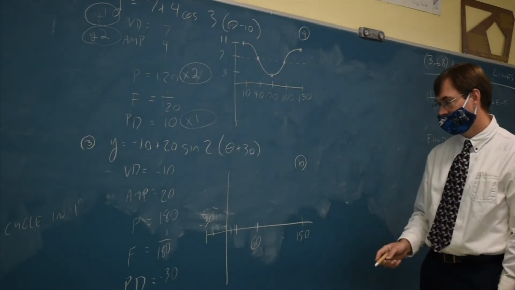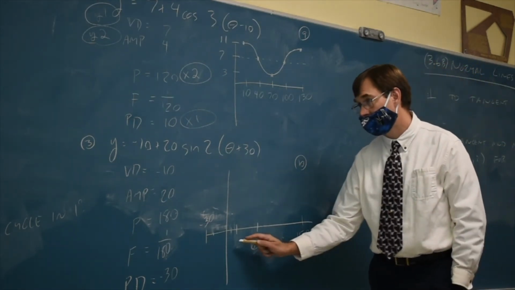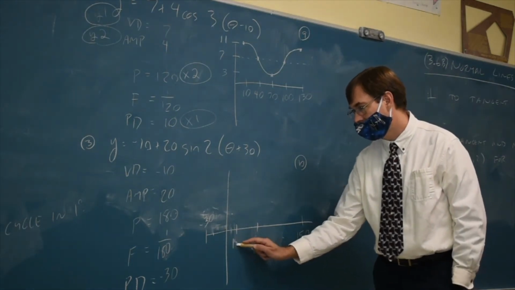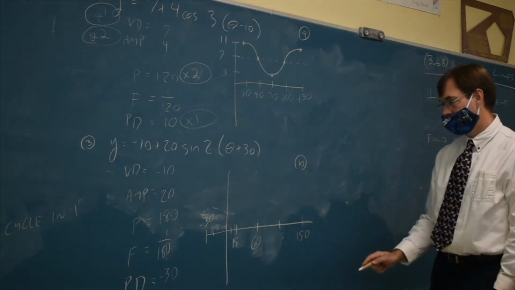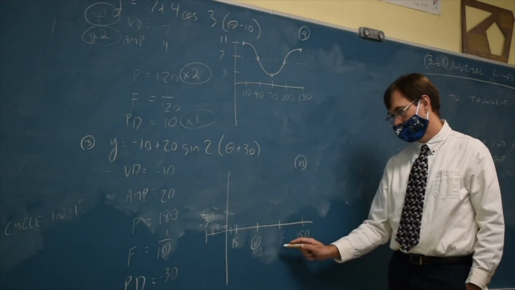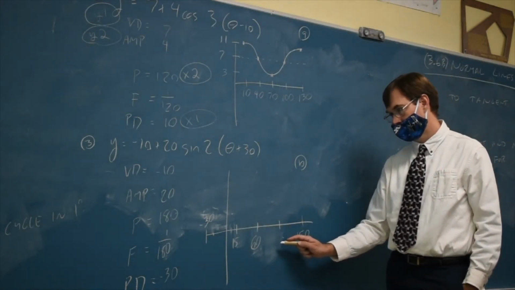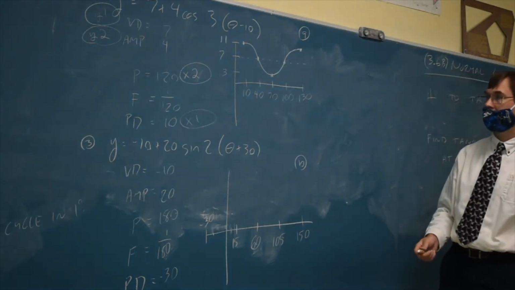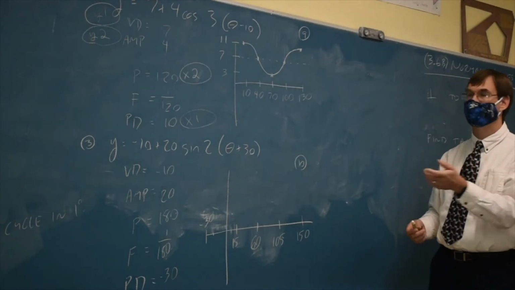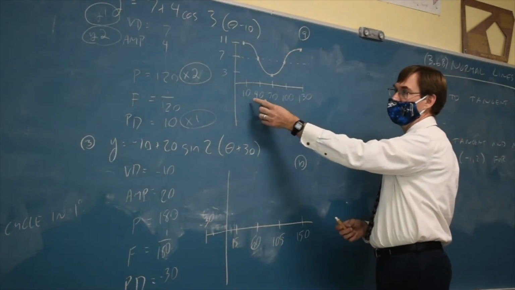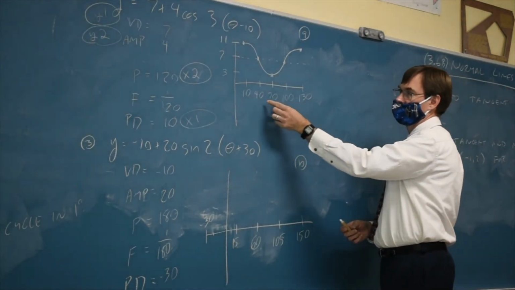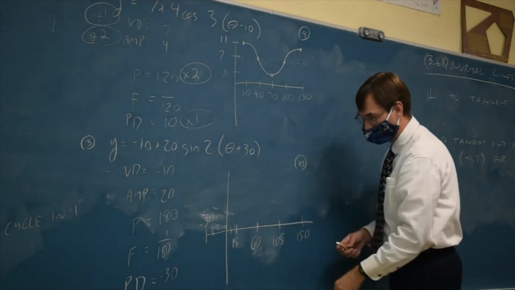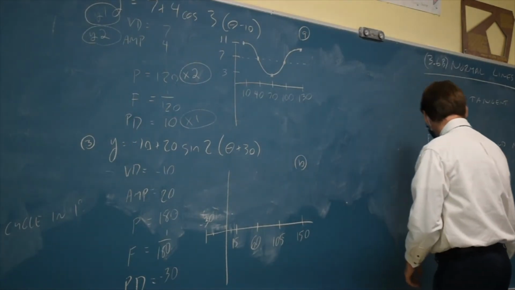Middle number there would be 45, 15. Middle number there, 105. Something you could use as a check: make sure all the gaps are always the same. The gaps on these between every number was 30. The gaps on these every time is 45.